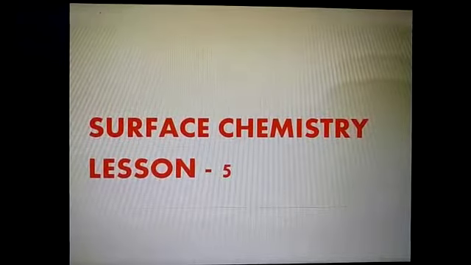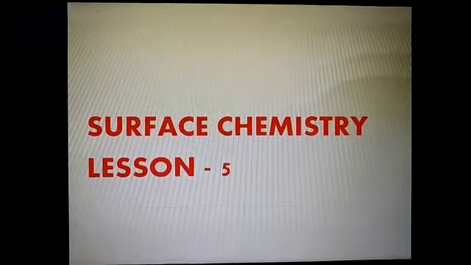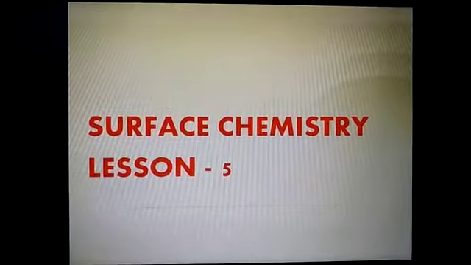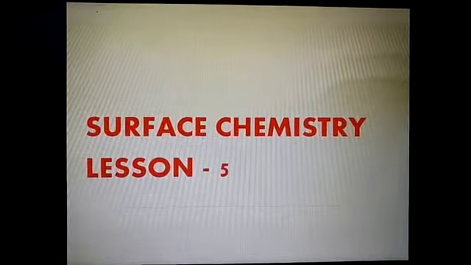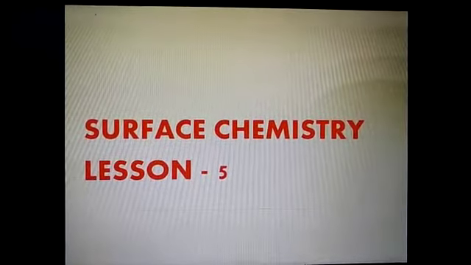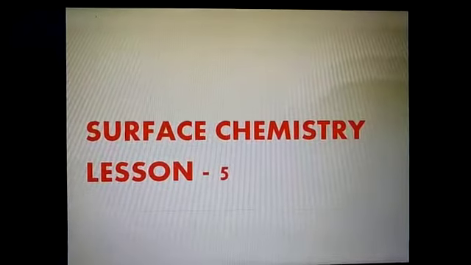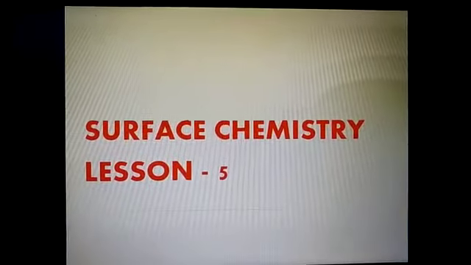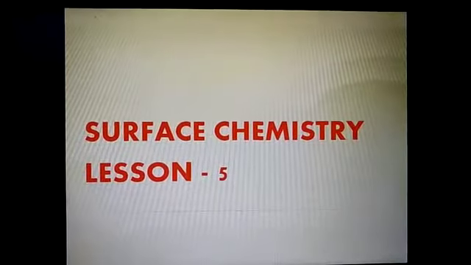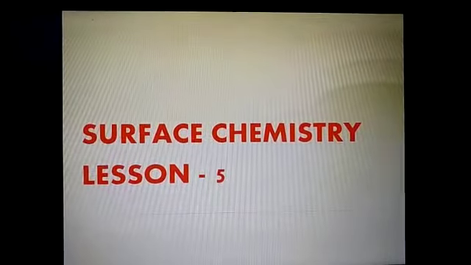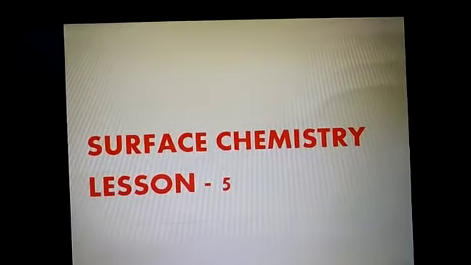It is an important branch of chemistry because a number of phenomena occur at the surface or interface. These are dissolution, crystallization, corrosion, heterogeneous catalysis, electrode processes, etc. Now, in this unit, we have to study various topics in surface chemistry.